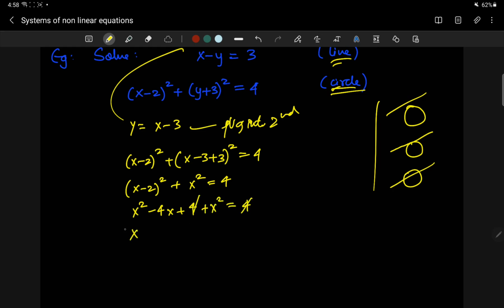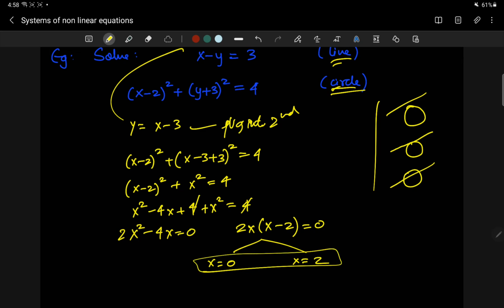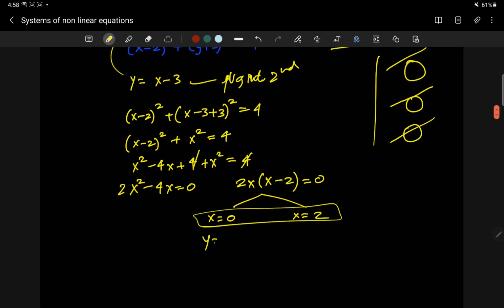That's 2x squared minus 4x equals 0, or 2x times (x minus 2) equals 0, giving x is 0 and x is 2. Now since x is 0, y is 0 minus 3. And when x is 2, y is 2 minus 3, which is negative 1.